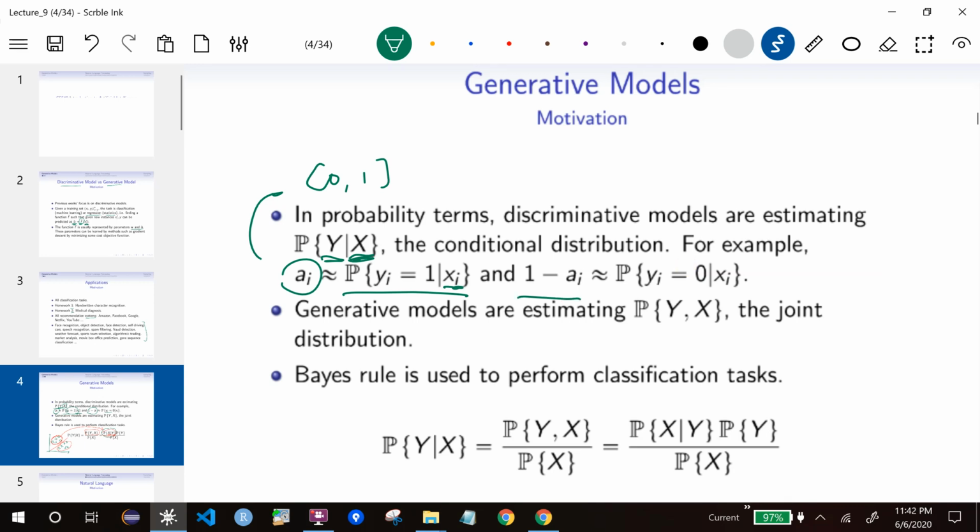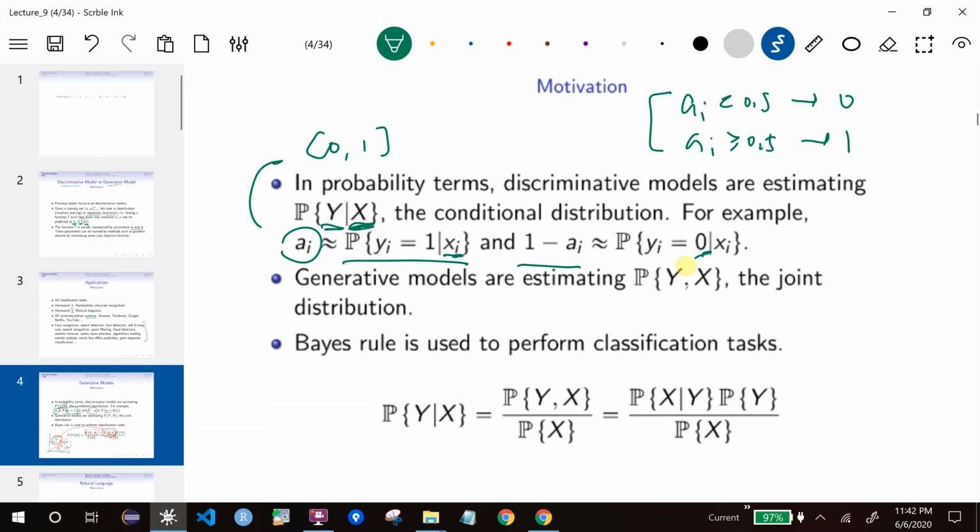And of course, 1 minus that will be the probability that it's class 0. That is why, when we are classifying stuff, we check whether the output a is larger than or equal to 0.5. We classify it as 1, and otherwise we classify it as 0. So you can use this probabilistic representation too.